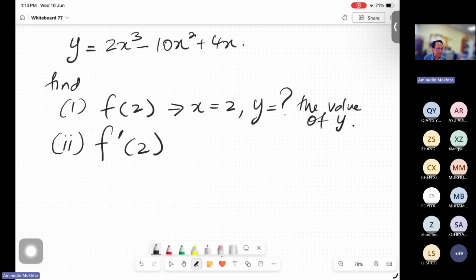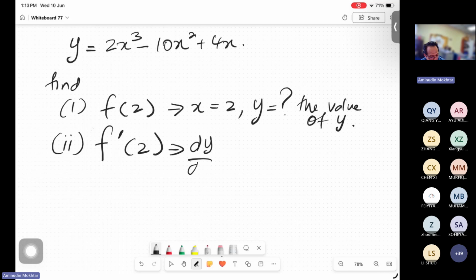This question number 1 is based on topic 1. Berapakah nilai y apabila x sama dengan 2? Okay, the second one is f prime(x), f prime(2). This question is asking you about dy/dx.